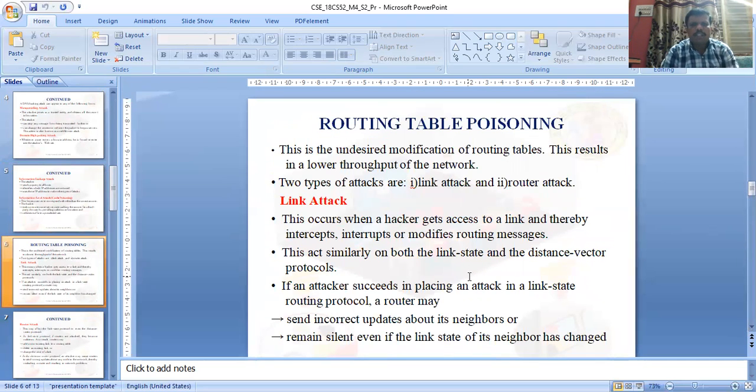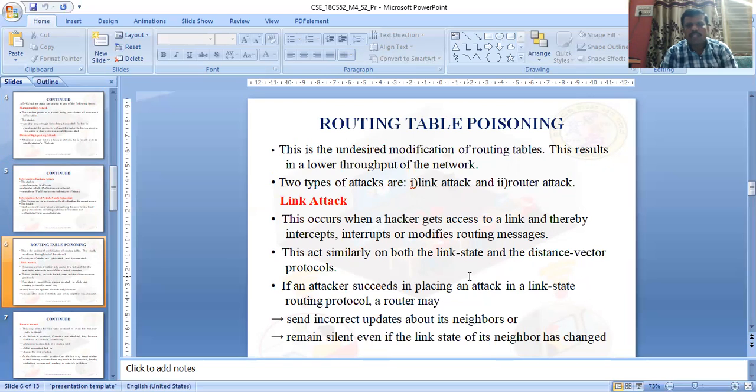Here, routing table poisoning. This is an undesired modification of routing tables. Every router maintains a routing table, which cannot be modified by just anyone. When hackers access the routers, modification of routing tables can be performed.